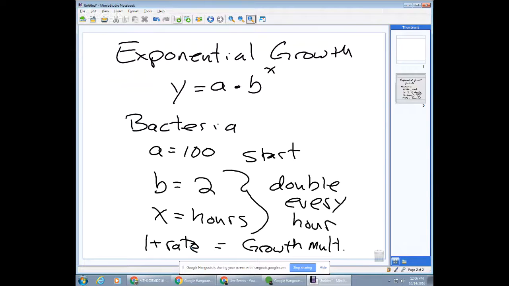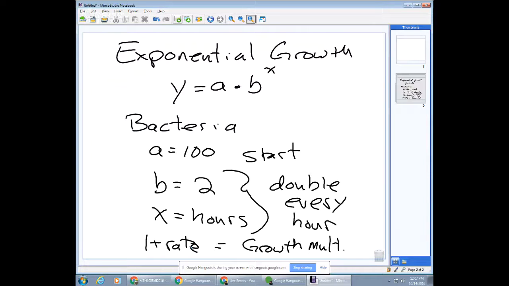What would the rate be? The rate would be 1, which is 100%. So that means the bacteria is increasing by 100%. Every one bacteria makes a new one, right? That gives me a doubling. Make sense? Okay. But rates are different than the multiplier.